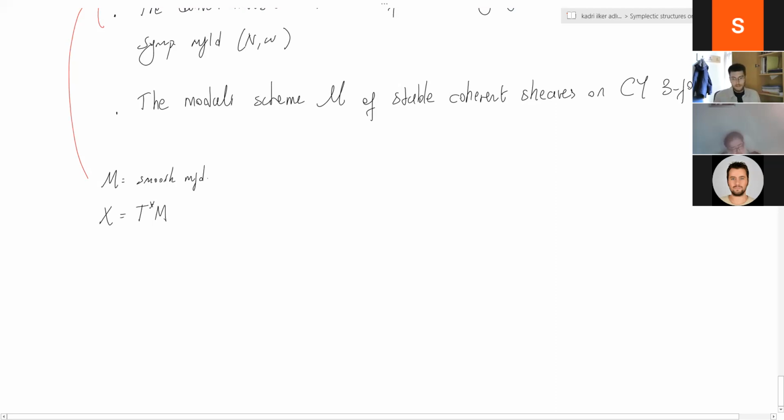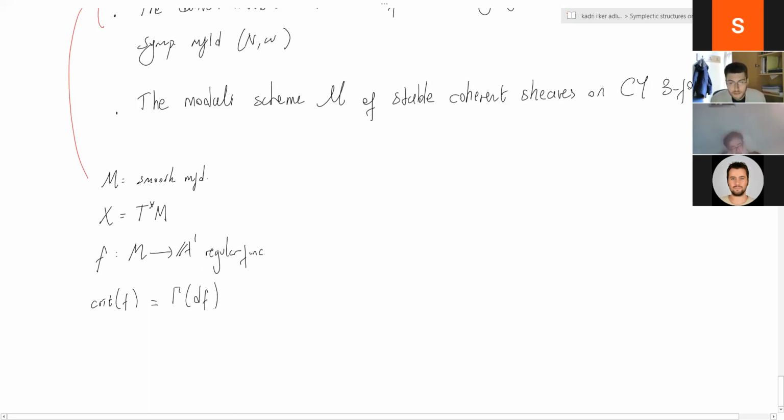It has a 0 shifted symplectic structure. So f is just some regular function on M. And actually the critical locus of f can be defined by using the intersection theorem.